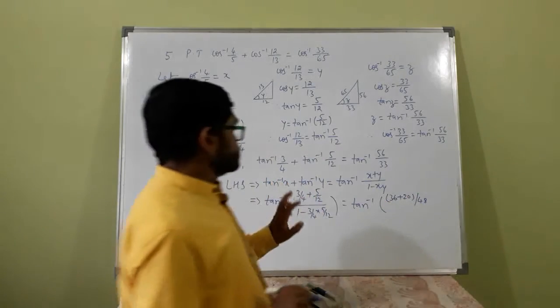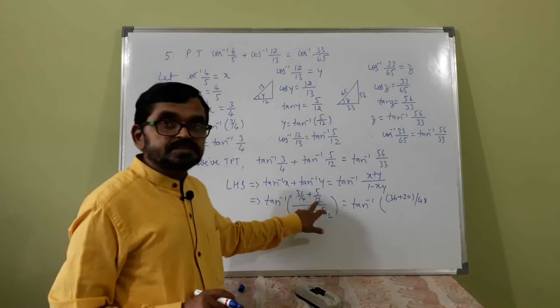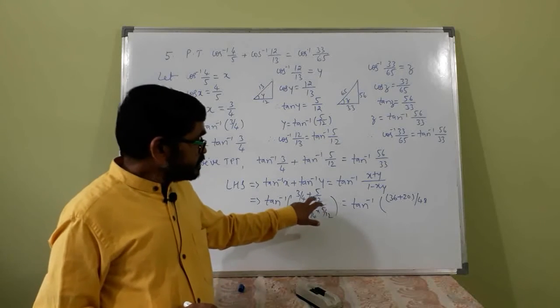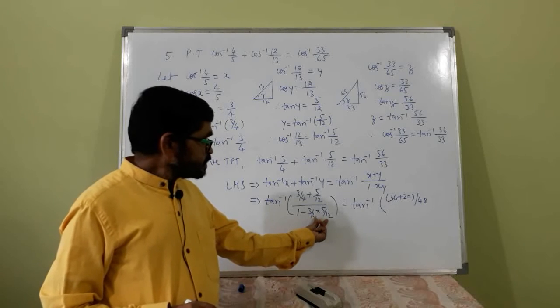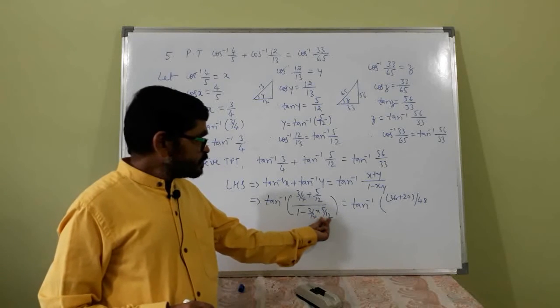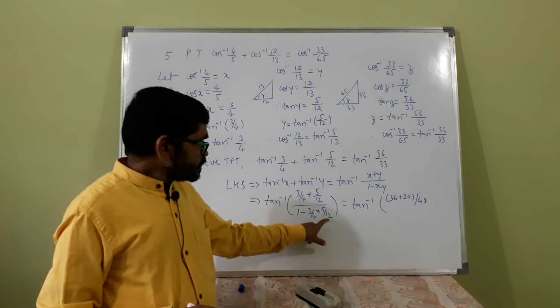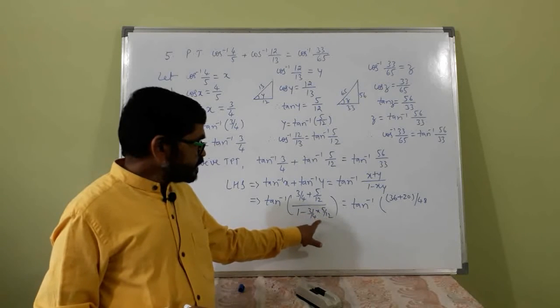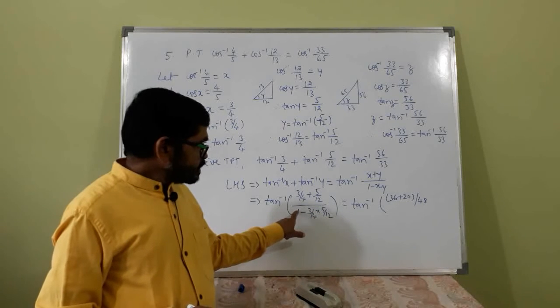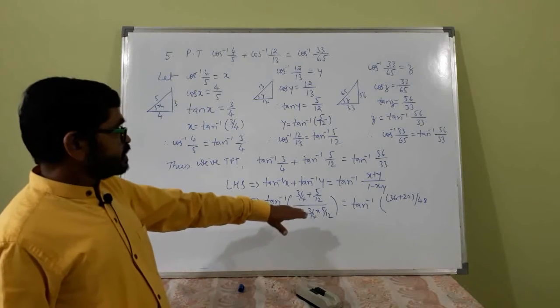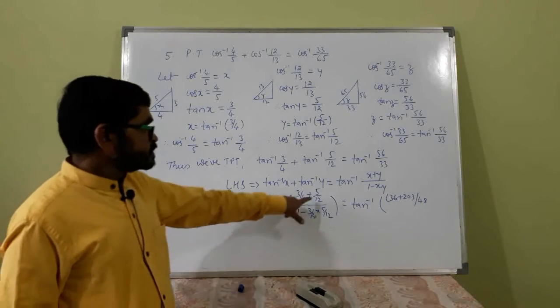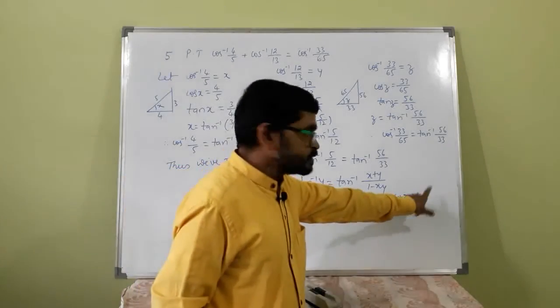See here, instead of taking 12 as LCM, I took 48 here, because here also it is 48. So what happens here is 15 by 48. If you take 48 as LCM, 48 minus 15 divided by 48. So here also if you make it 48, you can cancel easily.